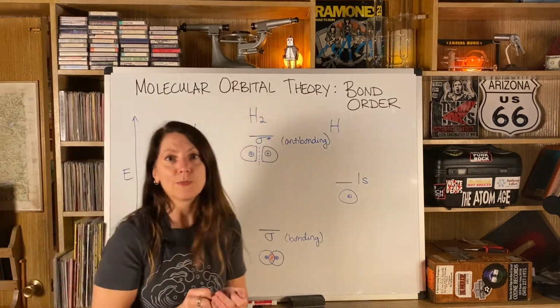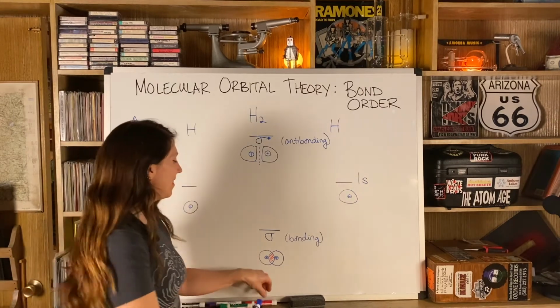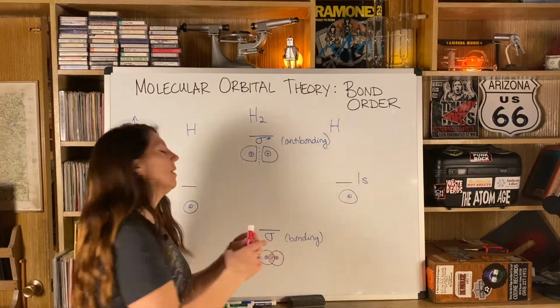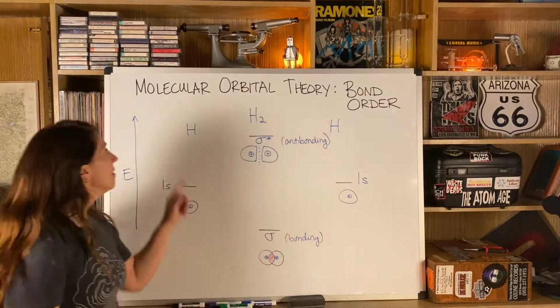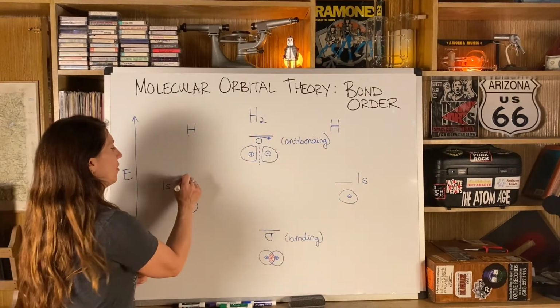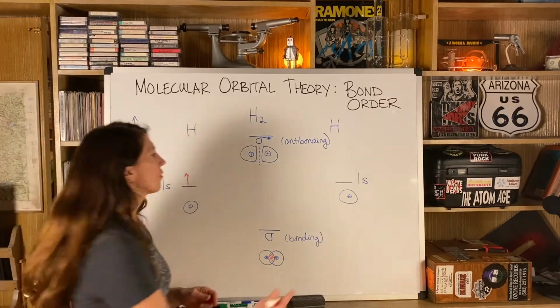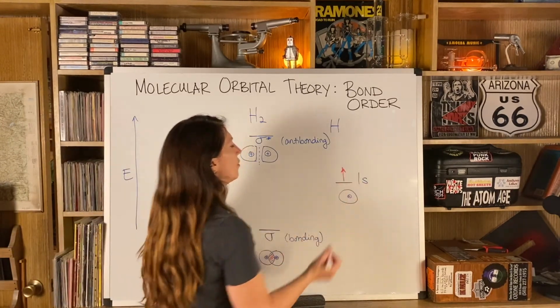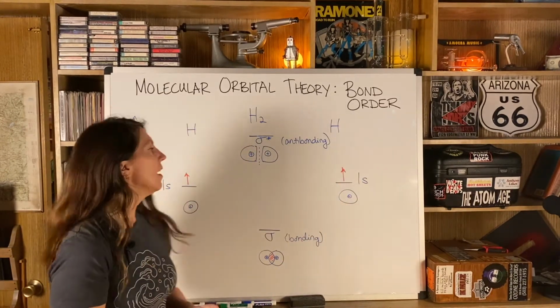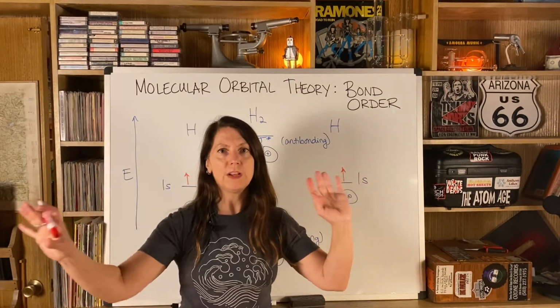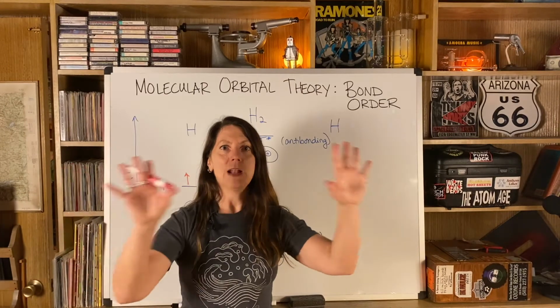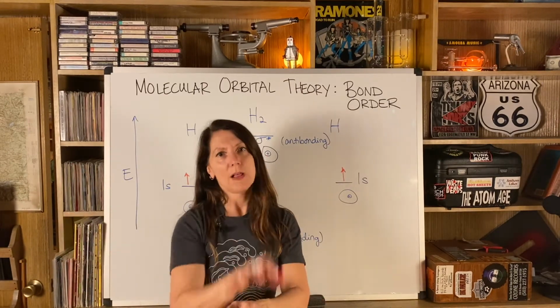So now let's put in those electrons, and this is where we can think about each one of those atoms. How many electrons do they have? Hydrogen, just a hydrogen atom. It's got one electron. That hydrogen, one electron, okay? So now we take all the electrons from each of the contributing atoms and we dump them into the molecule.